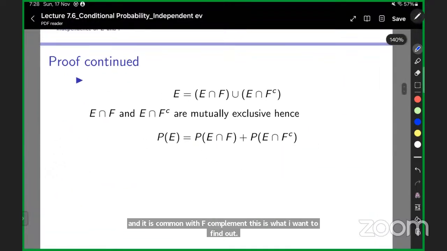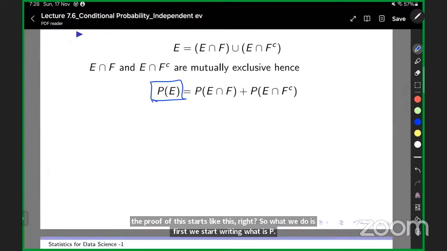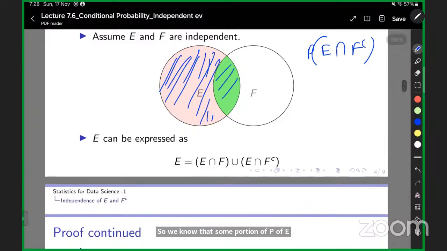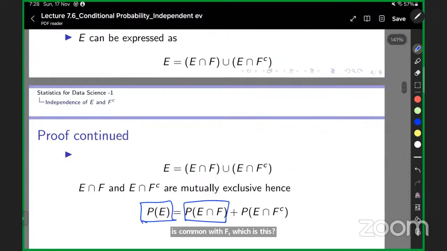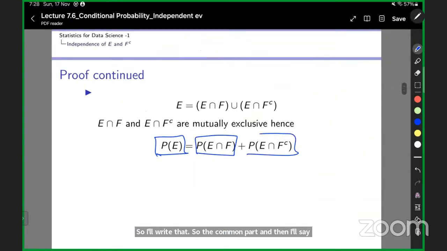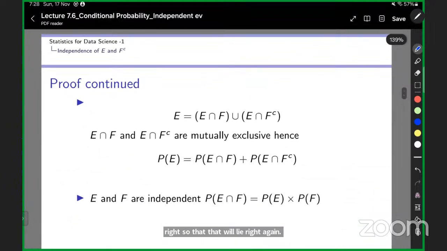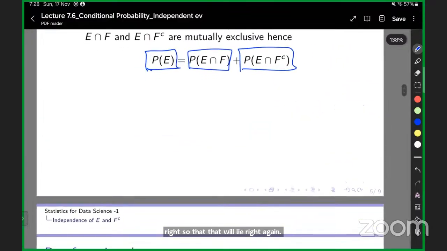First we start by writing P of E. We know that some portion of P of E is common with F, which is this. So I'll write that, the common part, and then the rest is common with F complement, right? So I'll write that again. And the next thing I'll do is expand it.